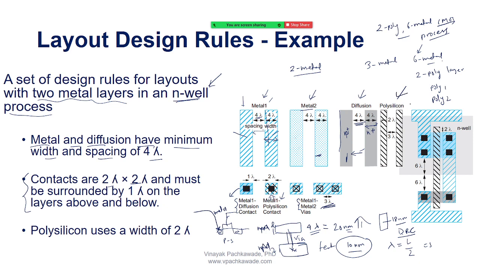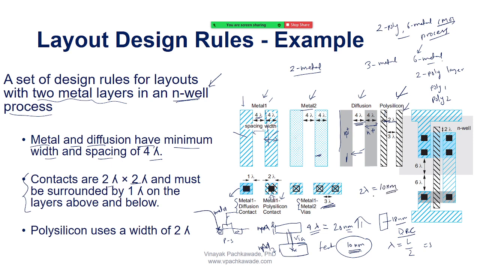What about the polysilicon? Look, for the polysilicon there are 2 layers, this is 1 and this is 2. The minimum width is 2 lambda poly. So for the 10 nanometer process, how much is the minimum width I can draw? 10 nanometer, right?